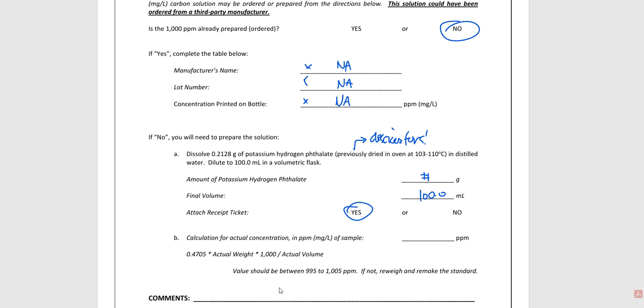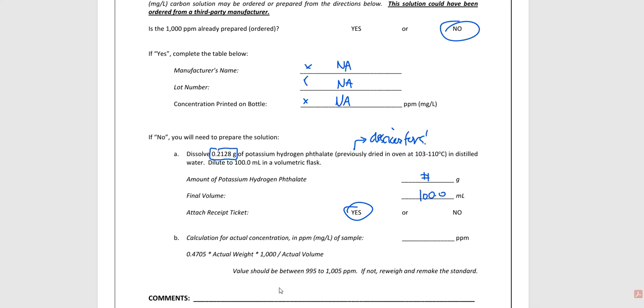And then B says, well, calculate your actual concentration. There is a chance that you did not weigh out 0.2128 grams perfectly. No one says that you have to, by the way. No one says that this is a thing that you're going to have to do. So when I dissolve whatever I dissolve, I need to calculate the actual legit concentration that I have made.